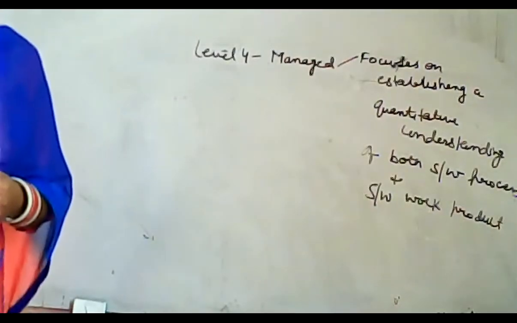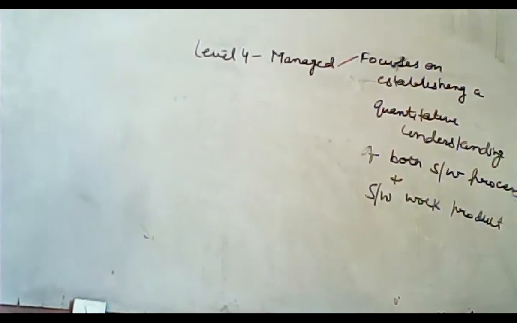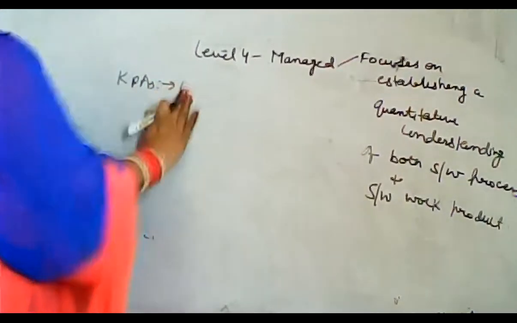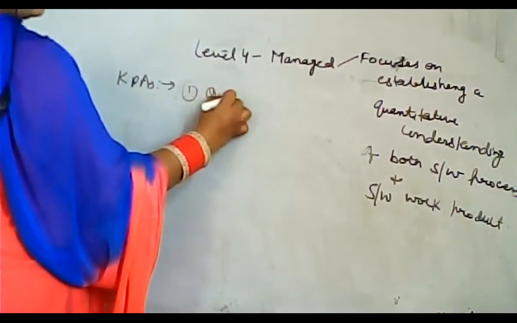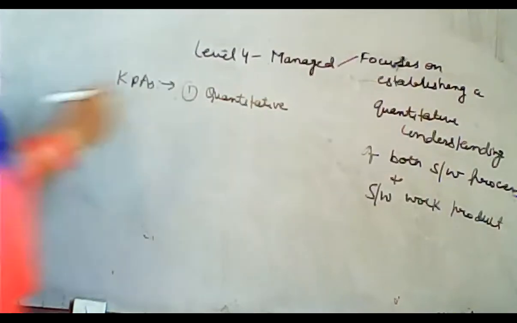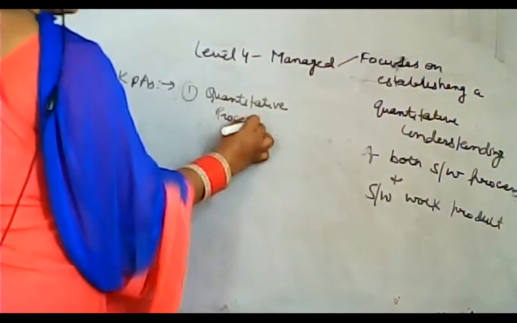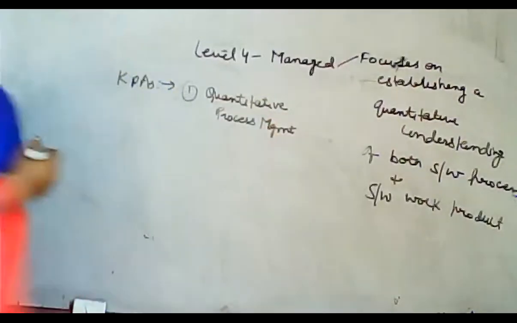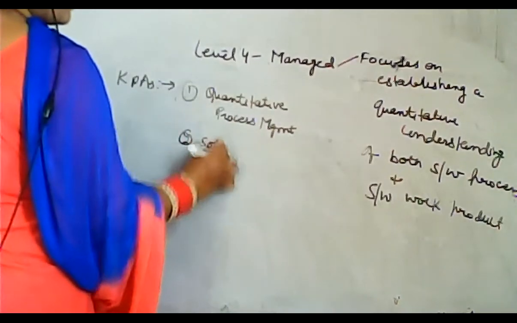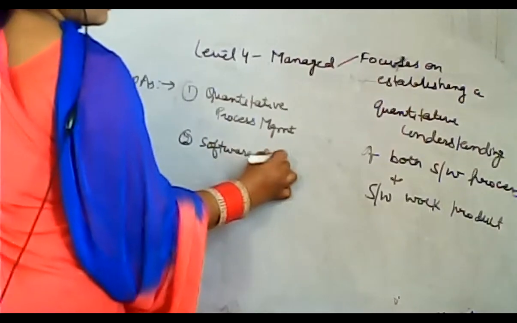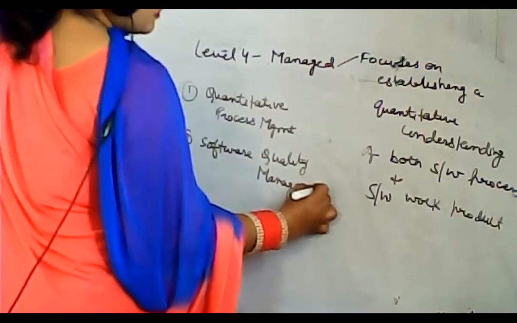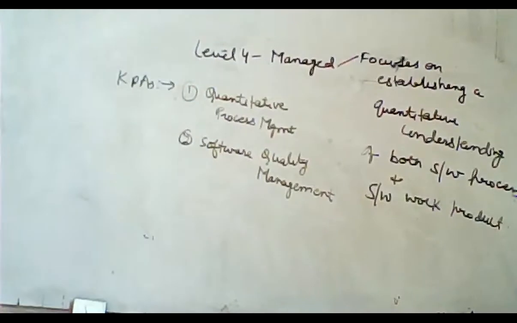So the key process areas are: number one, quantitative process management; number two, software quality management.